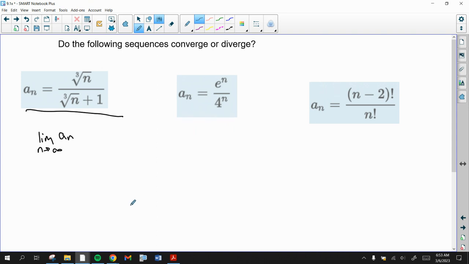The more formal way is to divide everything by n to the 1/3. So like this, that's the top. The bottom, both terms divided by n to the 1/3, will get you this.